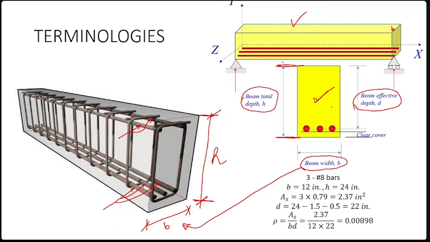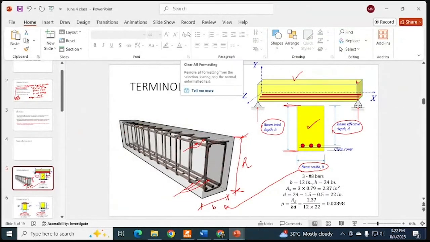To understand effective depth, you need to understand a few more things. Number one, let me write them down. It's an online class. I'm not sure if everybody is following properly.